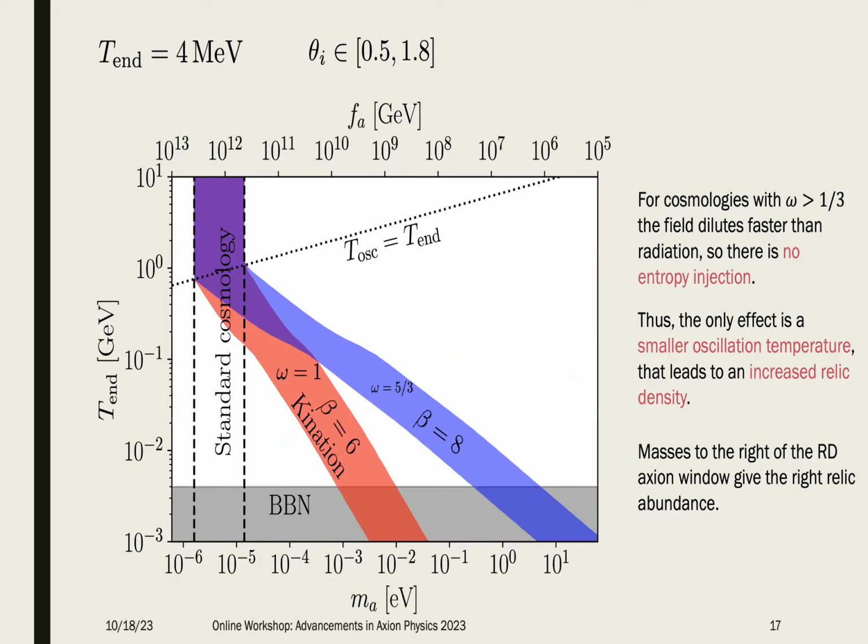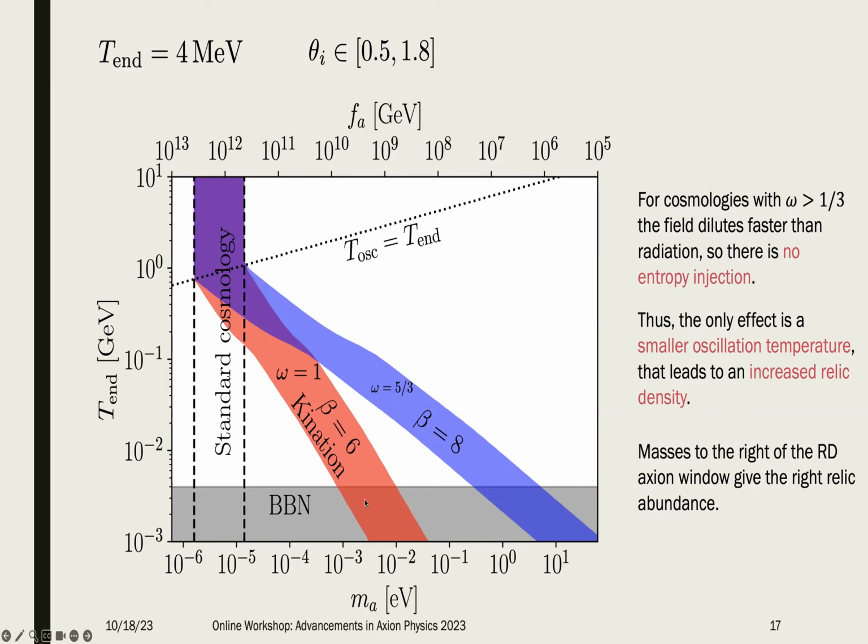And this is the same for these stiff-like cosmologies. So kination is the red band, and omega equal to 5/3 is this bluish band. Now you can see that we move to the other side of this standard window, because, as I said before, the only consequence of these non-standard cosmologies is to increase the energy density for a given mass.